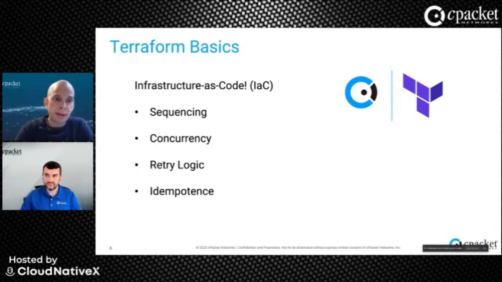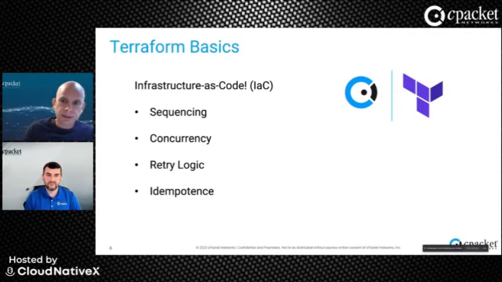The main thing in this list is sequencing, the order of operations. As a network operator or as a developer, you specify what you want instead of how you want to deploy it, right? It's a declarative way of deploying.